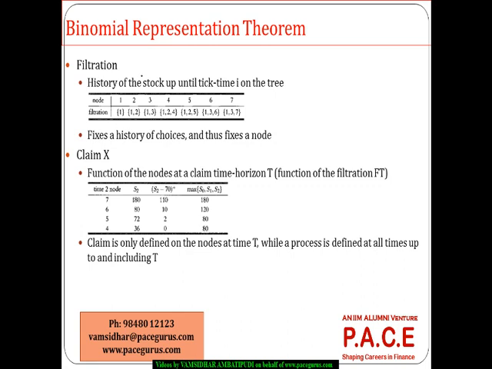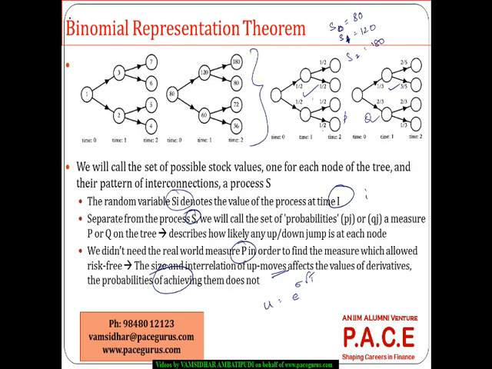Here, we'll define one more term called filtration. It is nothing but the history of the stock price up until the tick time i. So when I am looking at node 1, the filtration is only up to node 1. If I am looking at node 3, the filtration means the process up to node 3, which means these two.